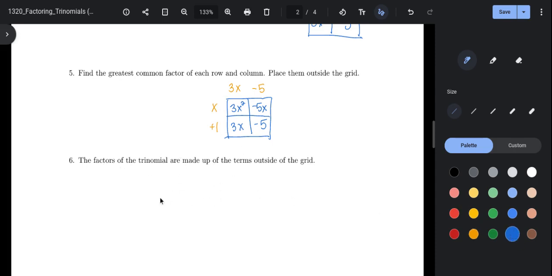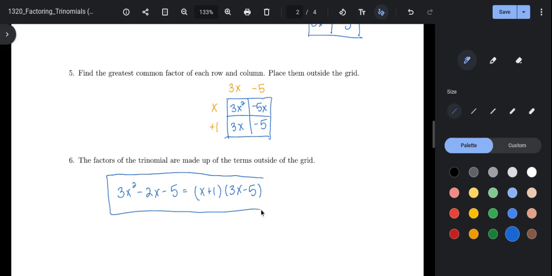So in our original polynomial, we had 3x squared minus 2x minus 5. And now our factors that we get are x plus 1 and 3x minus 5. And there we have factored our polynomial completely.